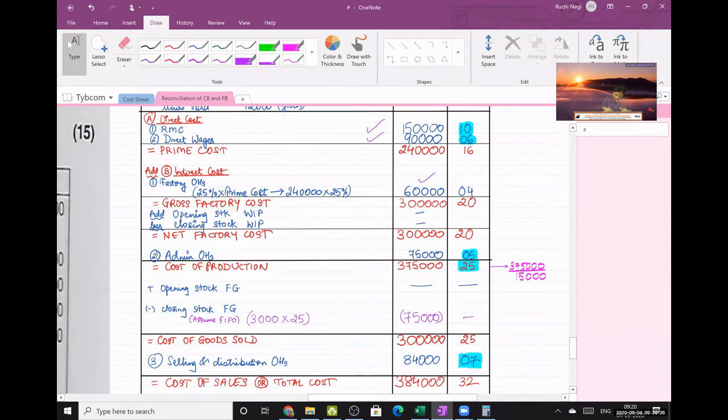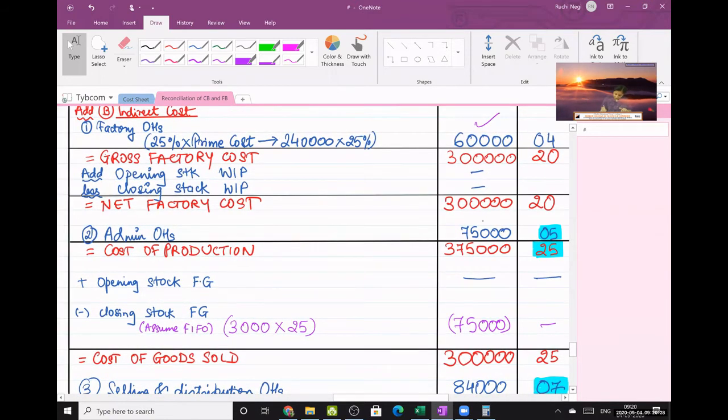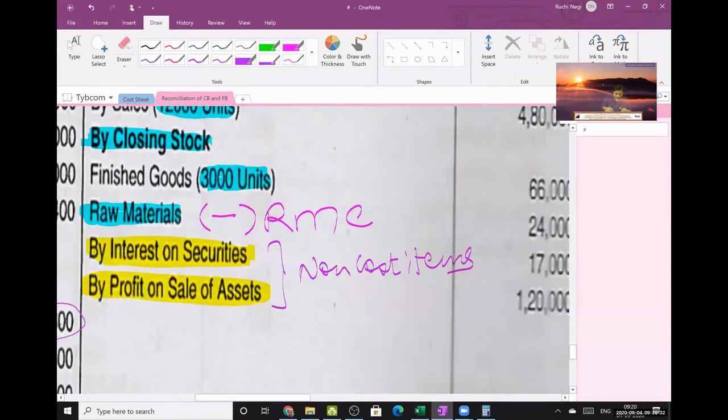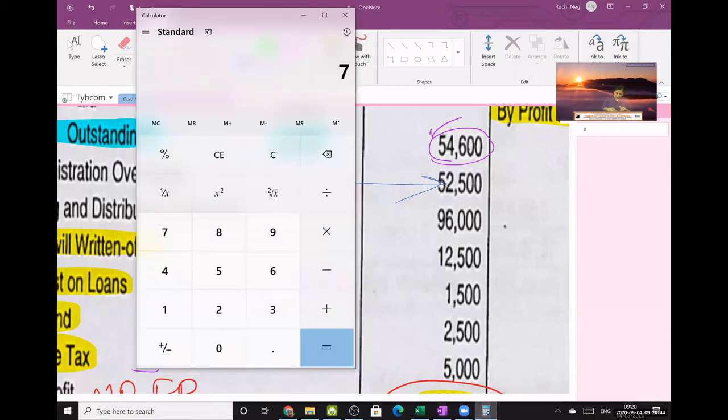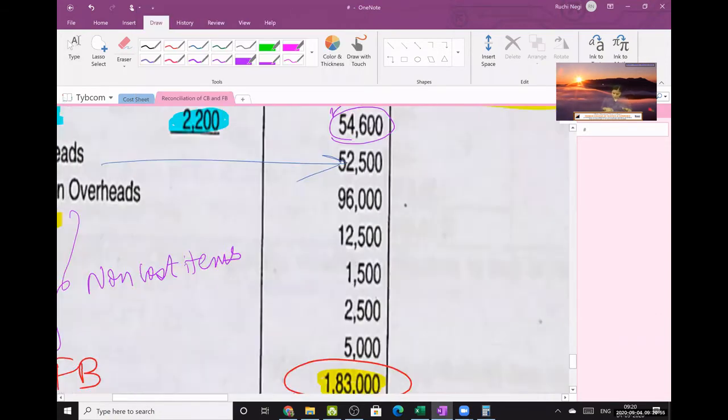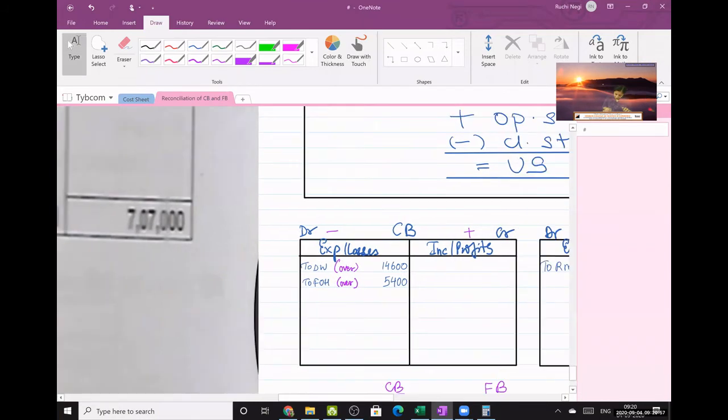Next, opening and closing are not there, admin. Admin is 75,000 in cost sheet. Let's see how much admin is in finance: 52,500. Obviously it is excess in cost sheet. Take the difference: 75,000 minus 52,500 is 22,500 excess in cost sheet.